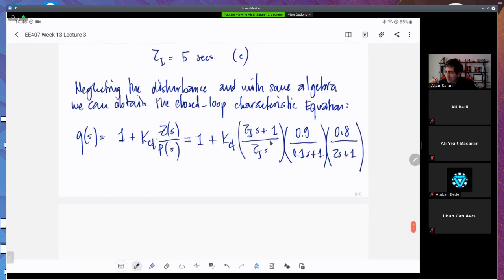So now the first thing that you should note here is that there is actually a constant gain here. So in fact, when I am plotting the root locuses, I will be having a total gain that's going to be 0.72 KCT, and root locus with respect to k.